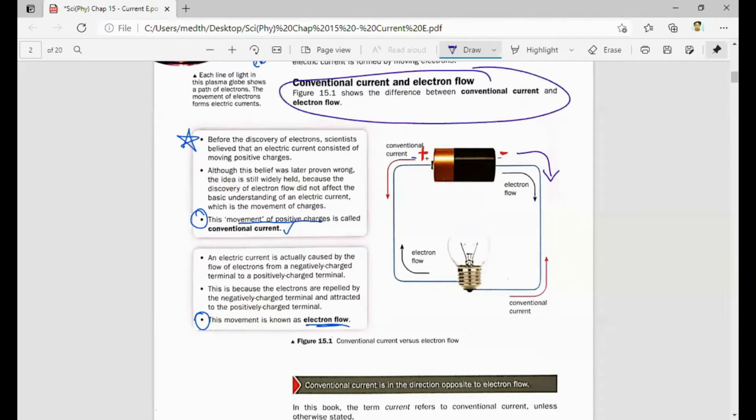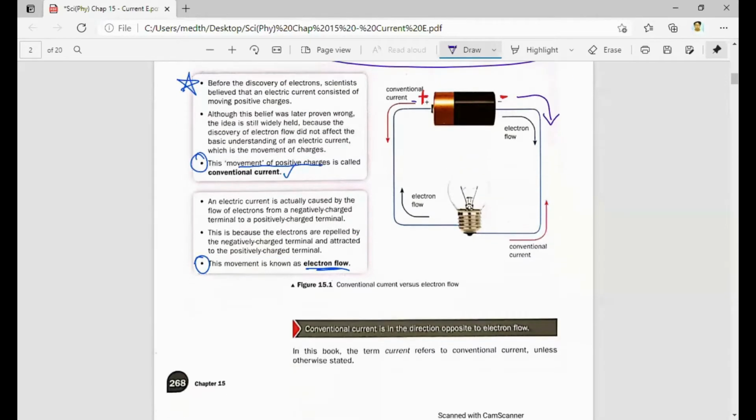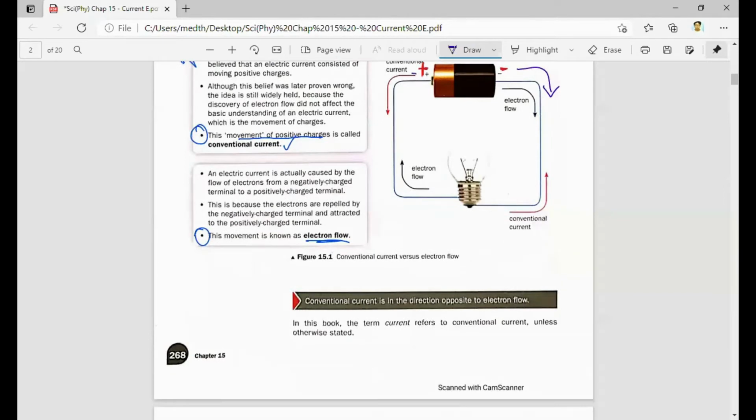It has come out before, but very rarely. So conventional current is a direction opposite to electron flow. Conventional current is from positive to negative, whereas electron flow is negative to positive.